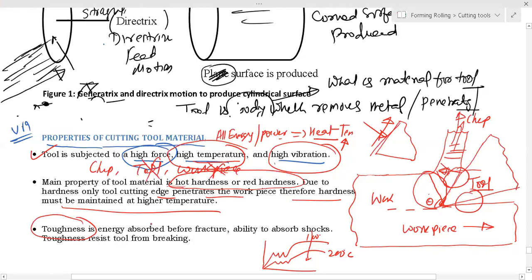Toughness, you hear it every day with your friends: I am a tough guy. Tough guy means I am not going to break easily, you cannot break me. So whenever there is the word toughness, it means the energy consumed before fracture.